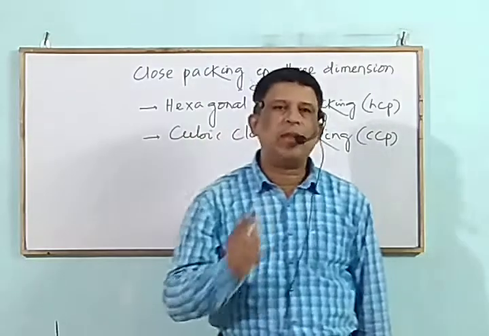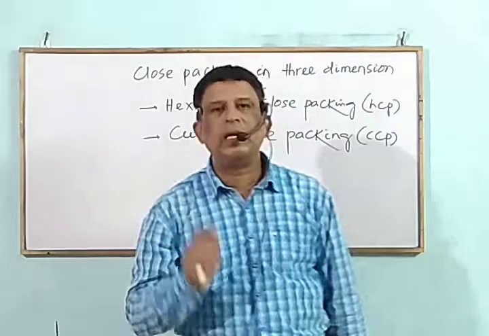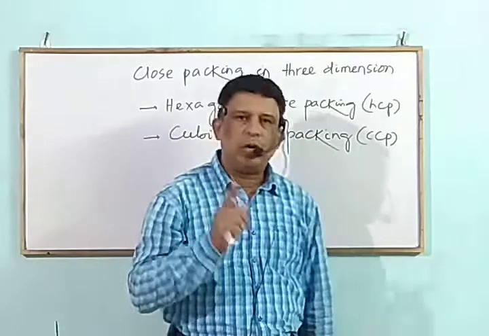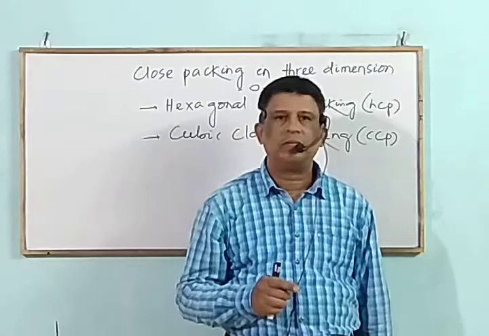Generally, there are two types of close packing: one is known as hexagonal close packing and another is known as cubic close packing. So point 1 to discuss is hexagonal close packing.